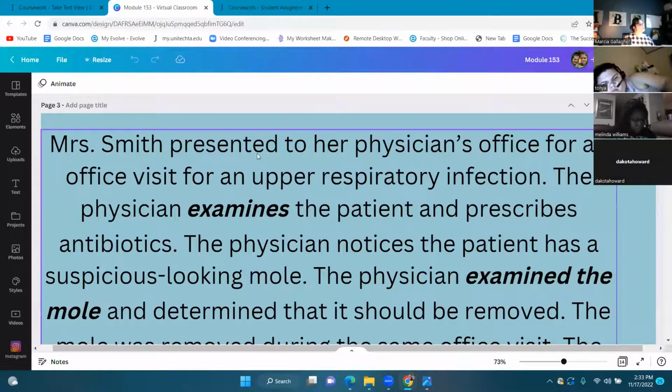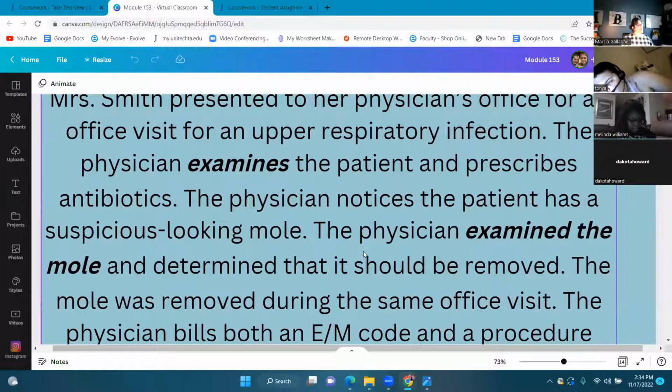Mrs. Smith presents to her physician's office for an office visit for an upper respiratory infection. The physician examines the patient and prescribes antibiotics. The physician notices that the patient has a suspicious looking mole, examined the mole and determined that it should be removed.